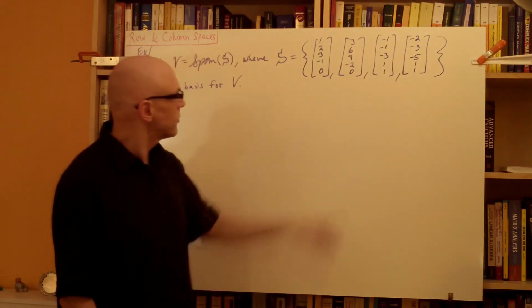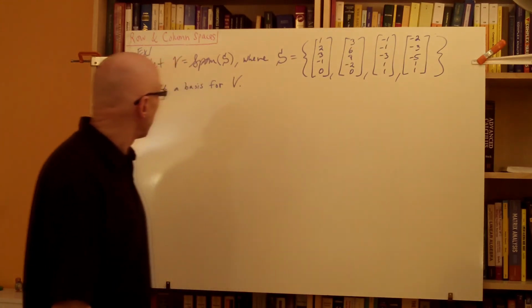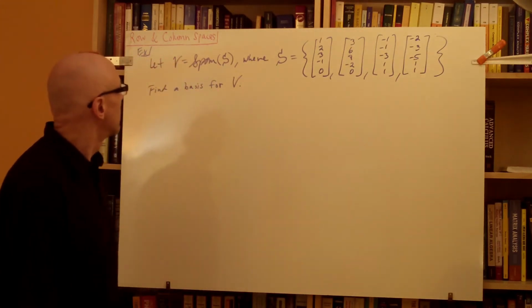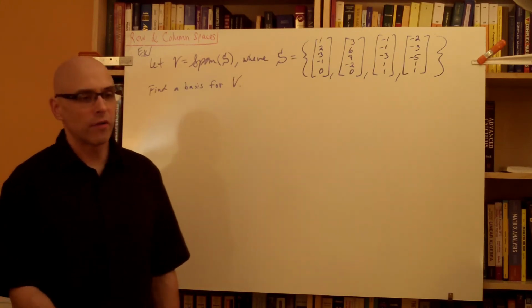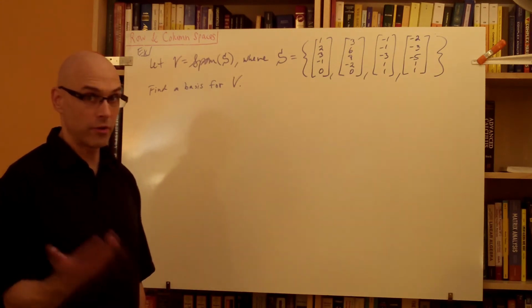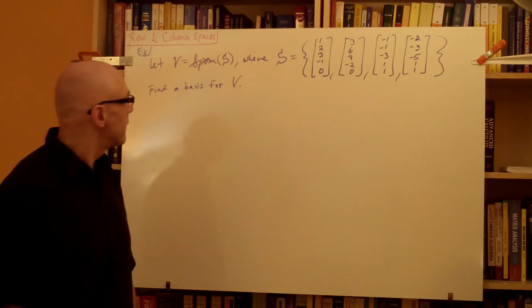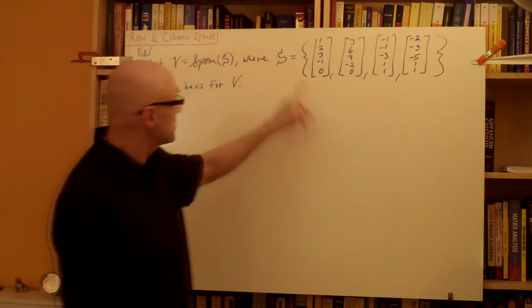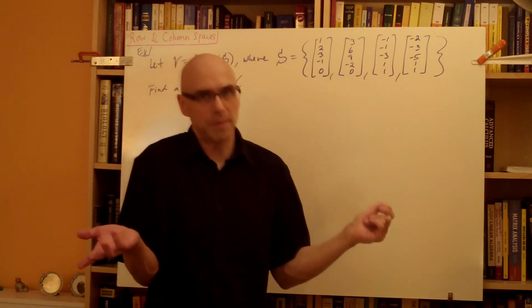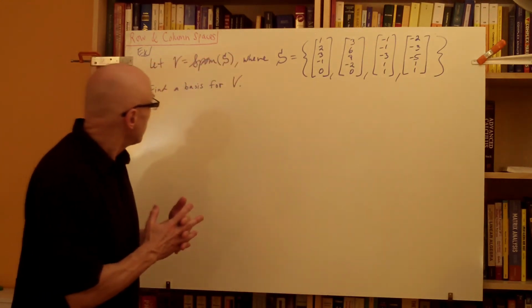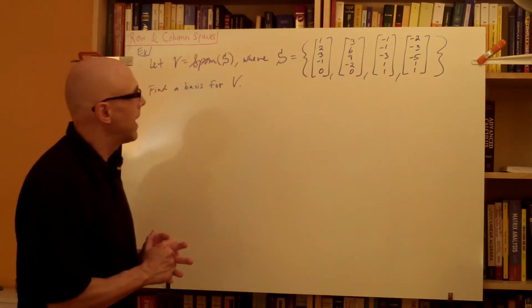These four vectors are in R5, and what we want to do is find a basis for V, pure and simple. Just as an aside, R5 is 5-dimensional, just as we found earlier that R3 is 3-dimensional, meaning any basis for R5 has to have 5 vectors in it. So this set S has only 4 vectors, so certainly it is not a basis for all of R5. It has no chance of being any such thing, which is not directly germane to this problem, but I'd like to point it out.